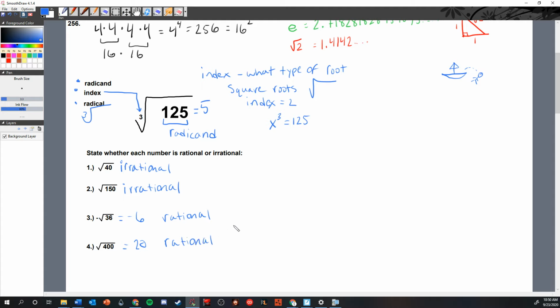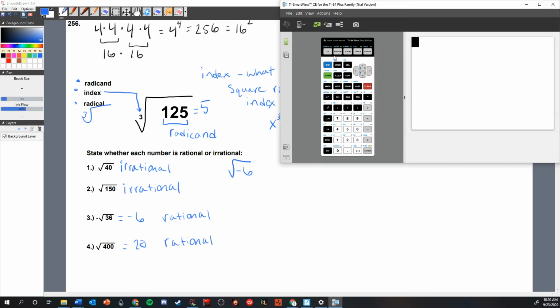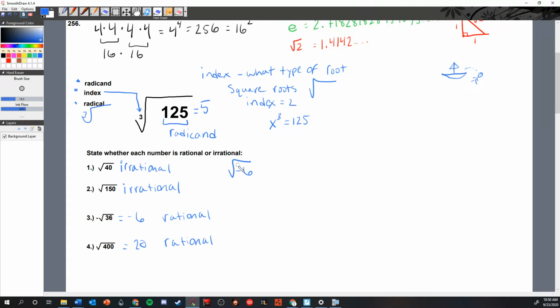Something I'd like you to try is taking the square root of a negative number. Let's see if that'll work. I'm going to take the square root of negative 36. What does that come out to?